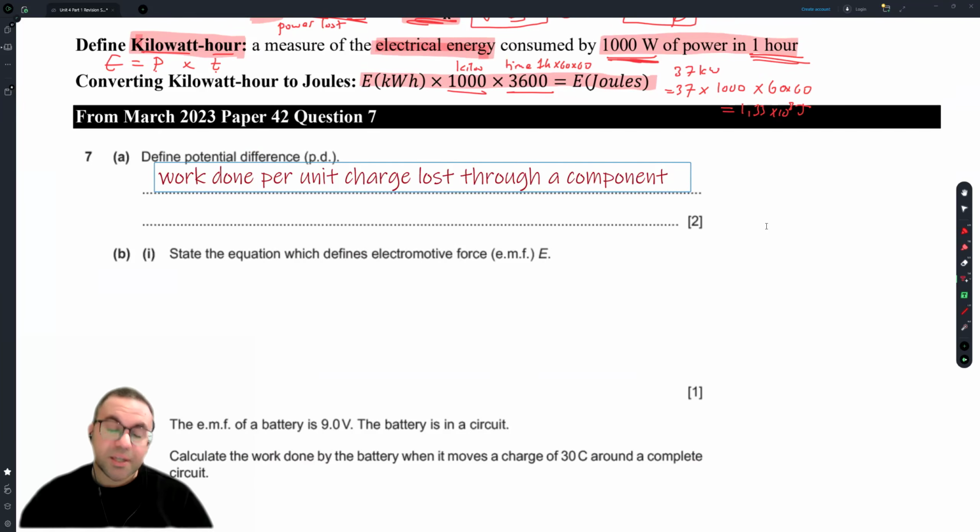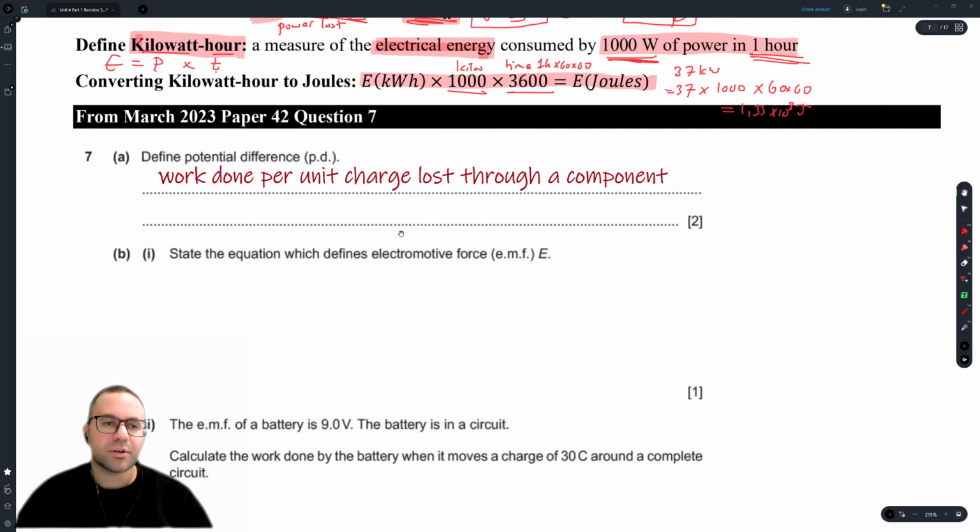Sometimes these definitions want you to mention the energy change that has happened, by the way. It honestly depends on how many marks the question is, but it also wants you to mention the energy change. So here's the question. Potential difference is the energy change from what to what? You don't have to be specific. I'm looking for in general.